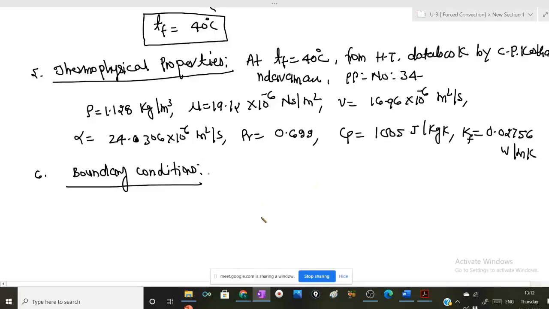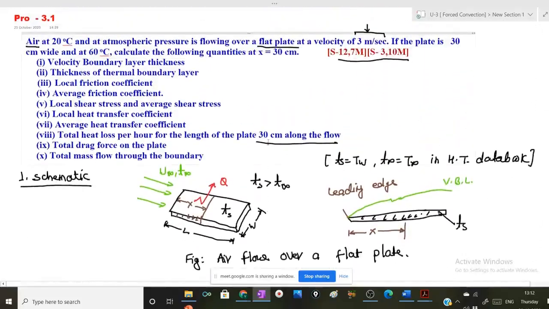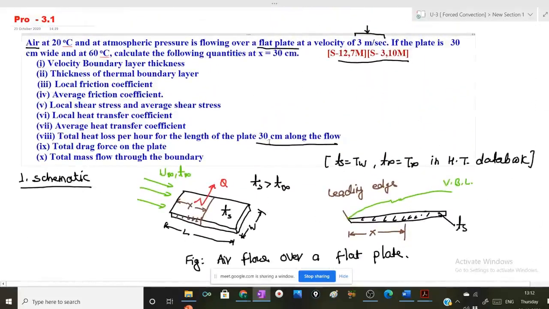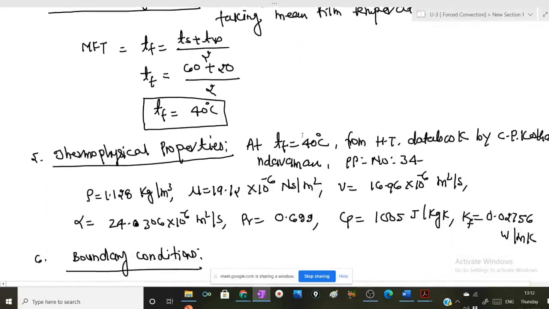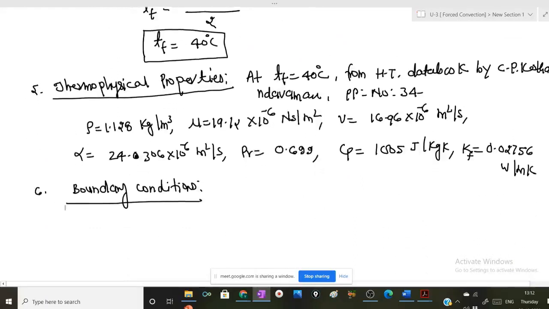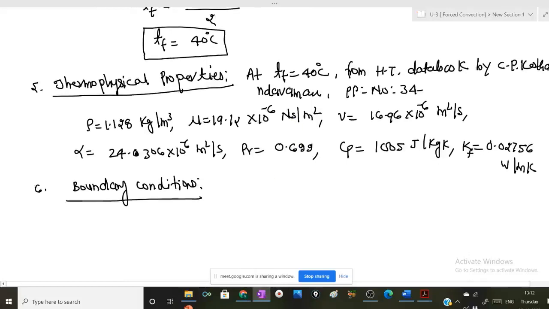If someone is logged in, please tell me what will be the boundary condition in this problem. Is anyone there? Constant wall temperature, correct. It is the constant wall temperature boundary condition because clearly the surface temperature is given. Thank you.